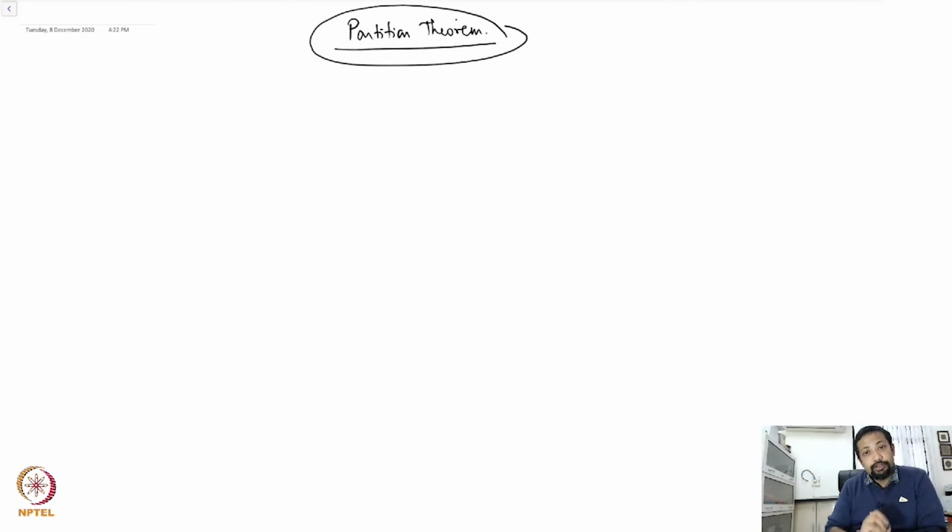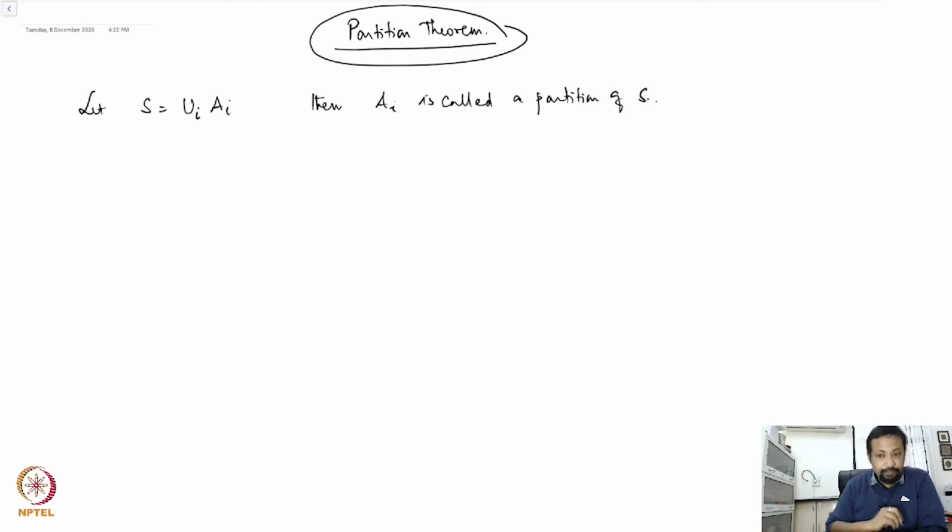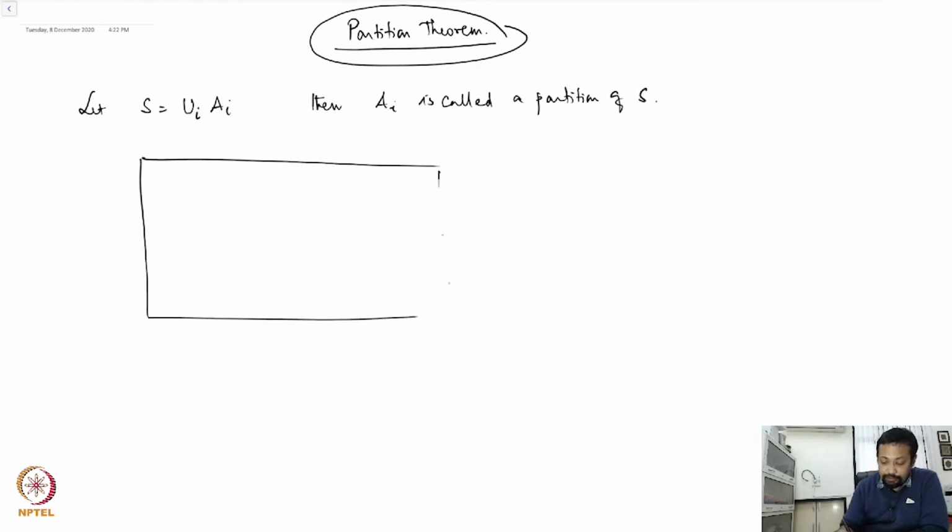What does the partition theorem tell you? Let the sample space S be written as a union of events A_i. Then the A_i are called a partition of S. What does this mean? This is my whole sample space.